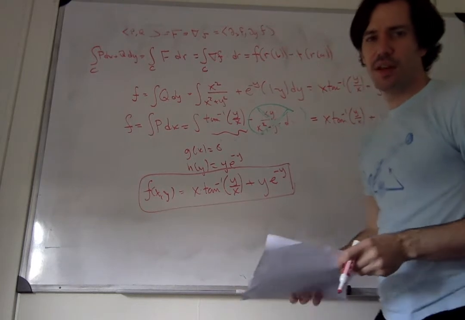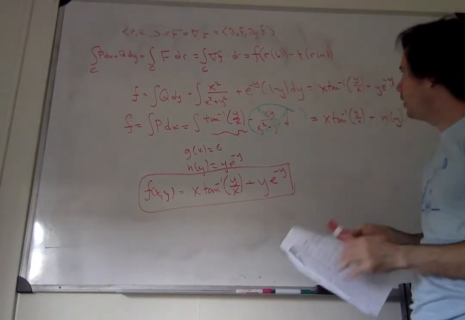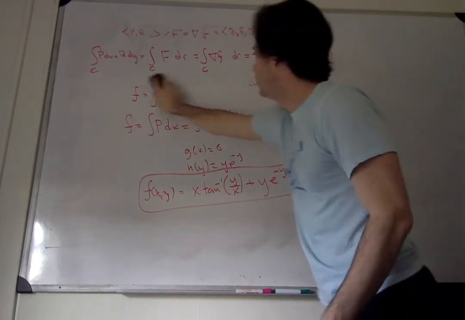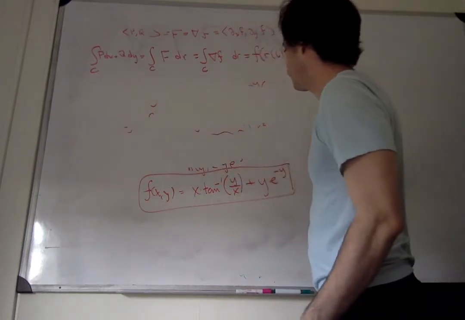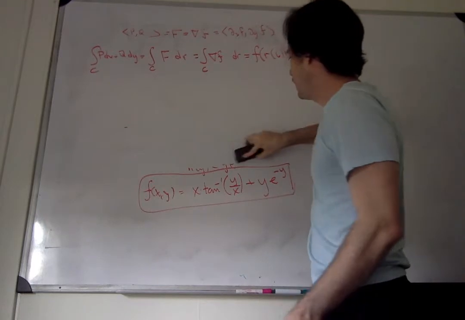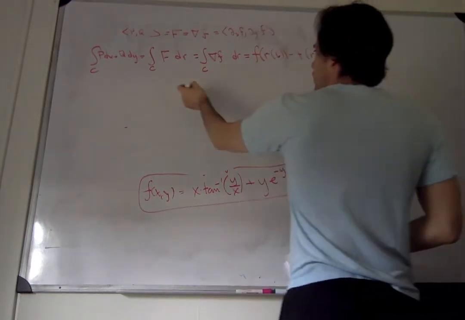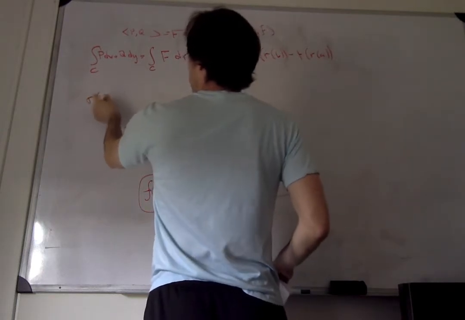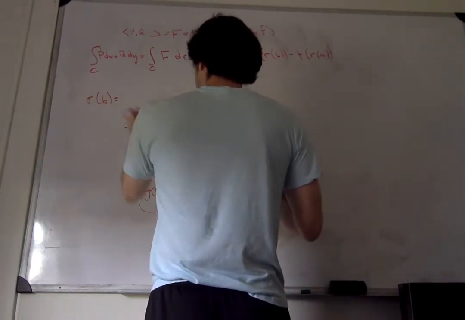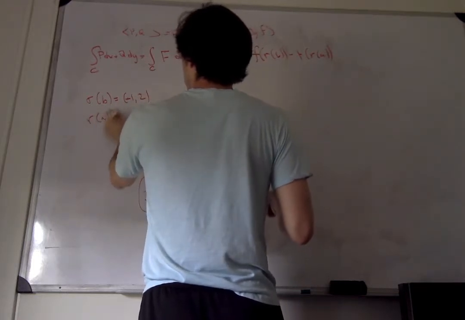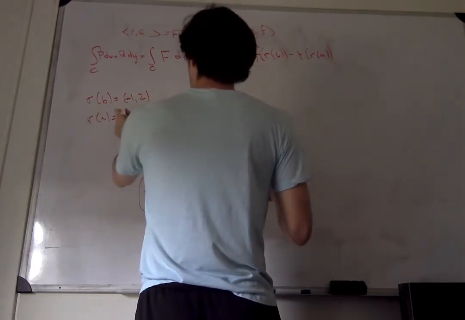Well, this is the initial and the final point. Well, rB, that's the final point. That's minus 1, 2. rA is 1, 1.